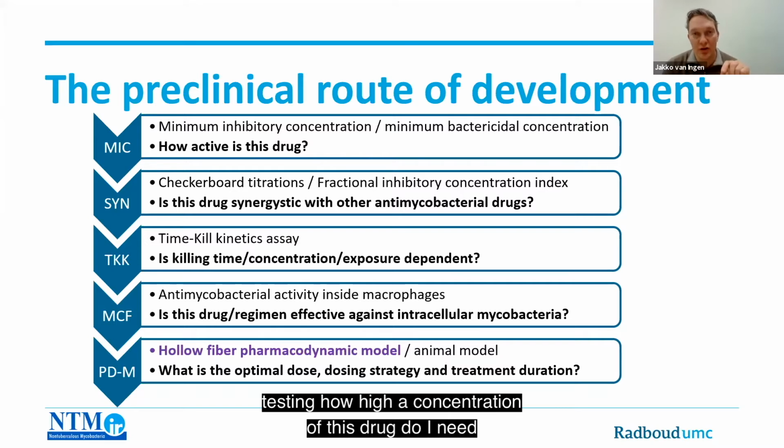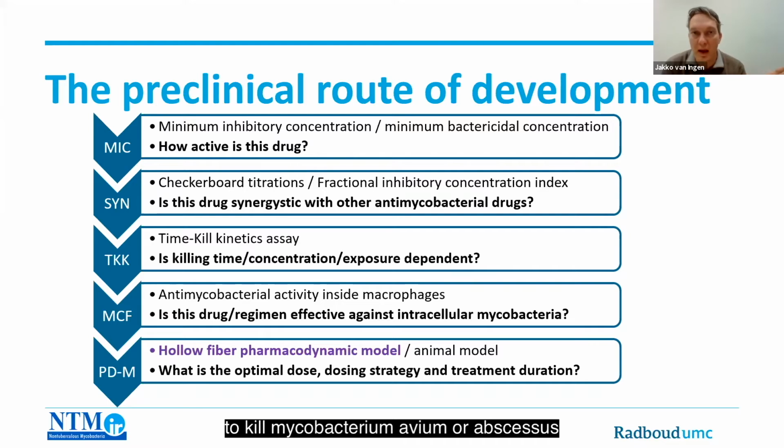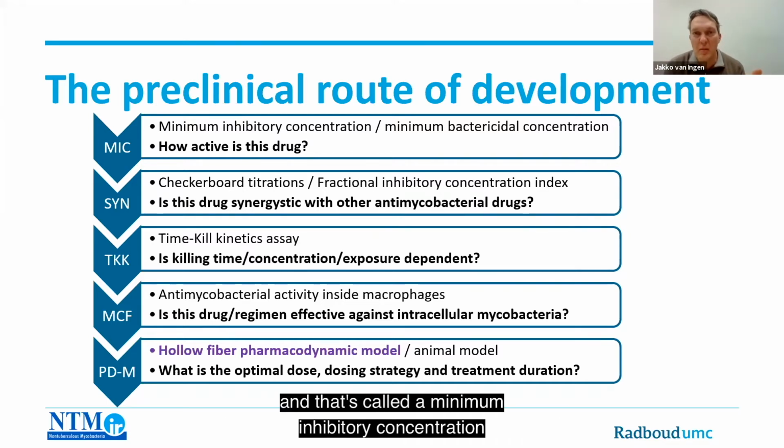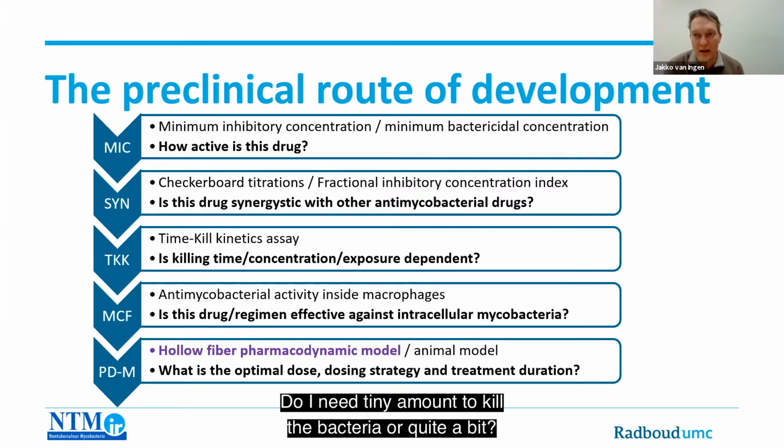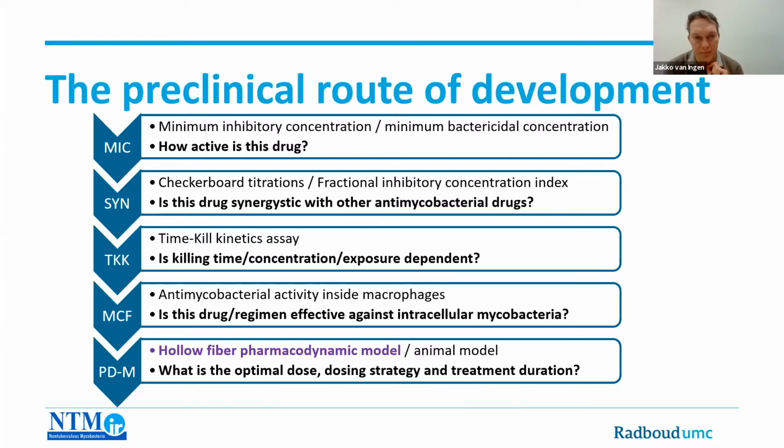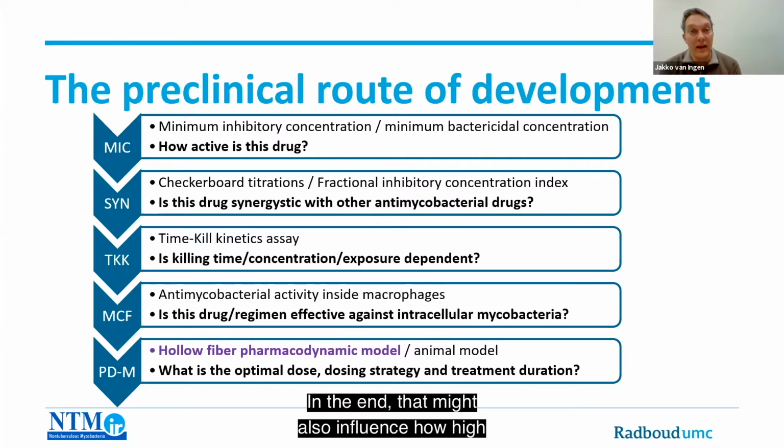How high a concentration of this drug do I need to kill Mycobacterium avium or abscessus? That's called a minimum inhibitory concentration, or an MIC. That tells you a little bit how active this drug really is. Do I need a tiny amount to kill the bacterium or quite a bit? In the end, that might also influence how high doses might need to be in a clinical trial.